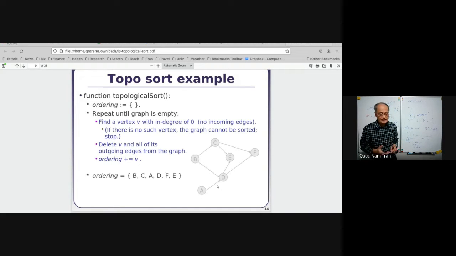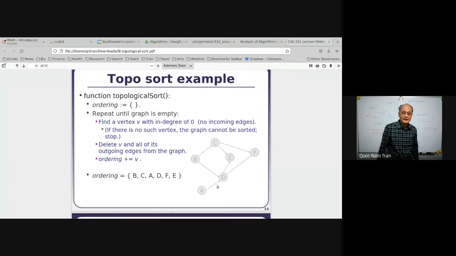If you like, you can find a way to prove that this algorithm is correct. It's a little bit complicated, right? It's not easy. And in fact, I have not seen any formal proof yet. So that's why I introduce it here. If you are interested, try to prove it's correct, right? In contrast to the previous algorithm I showed you using the DFS, we have a formal proof.